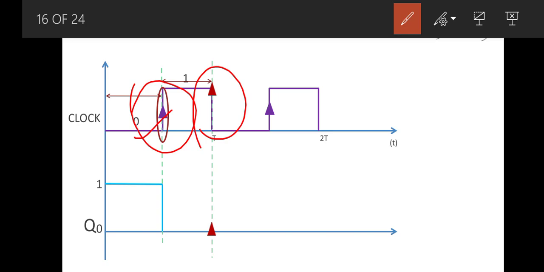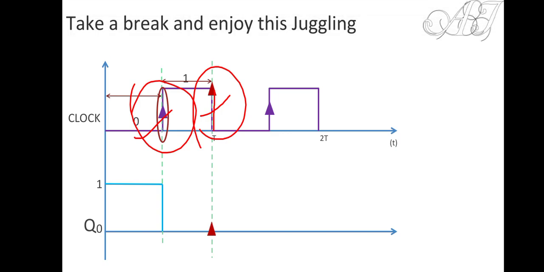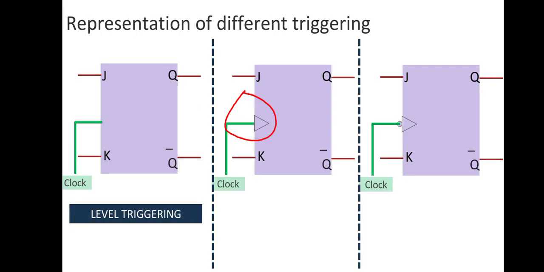The edge in which the transition takes place from 1 to 0, like this one, is considered a negative edge. By using either of these edges you can avoid the race around condition.